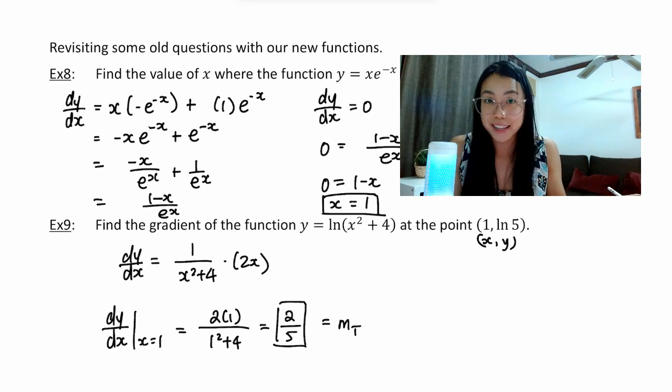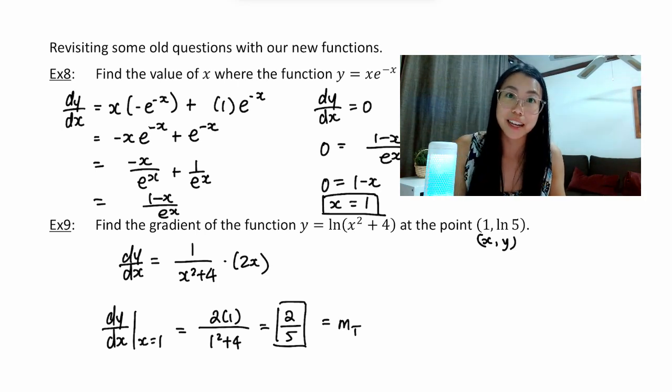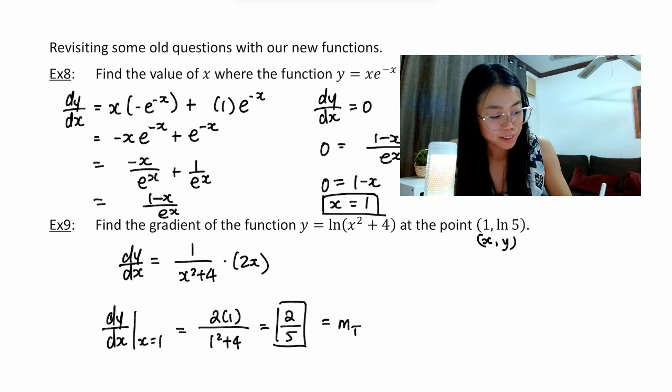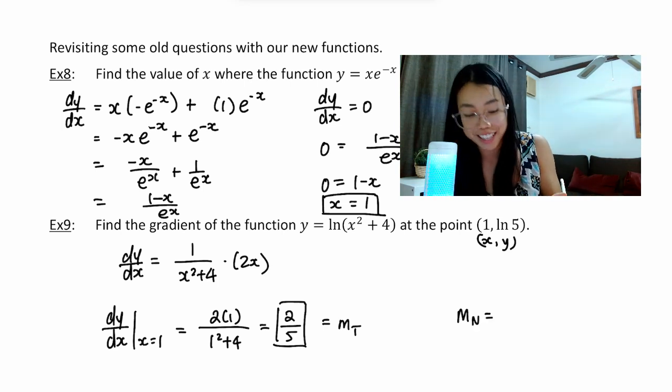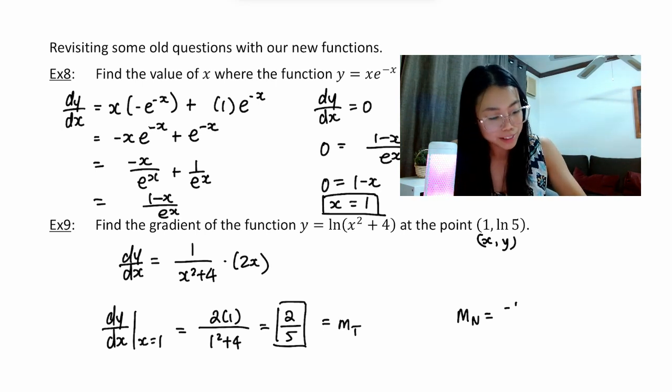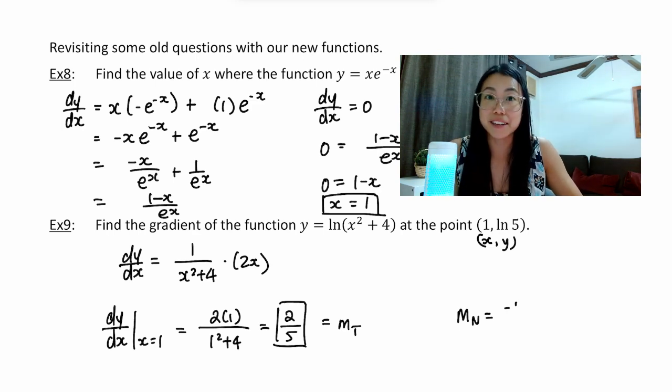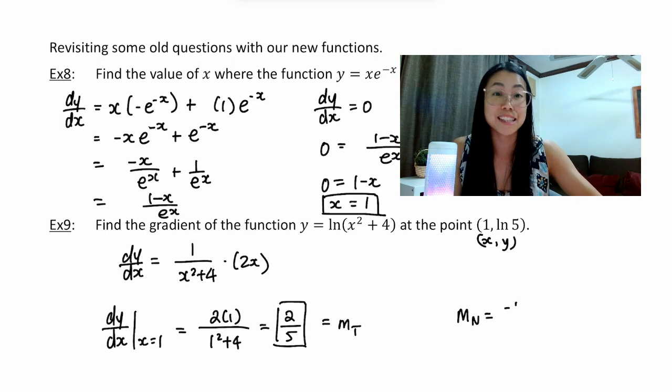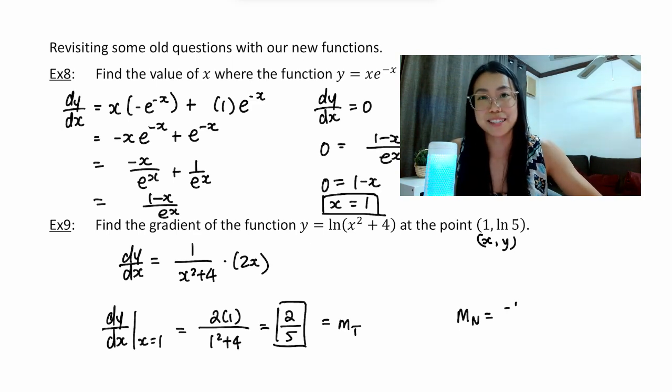You might also be asked to find the equation of the normal line, remembering that the slope of the normal line will have a negative reciprocal slope to the slope of the tangent line. So our normal line will have a slope of minus 5 over 2, and it will also cross this point 1, ln 5. So you can give those a try and see if you can refresh your memory of tangents and normals as they relate to these new derivative functions.